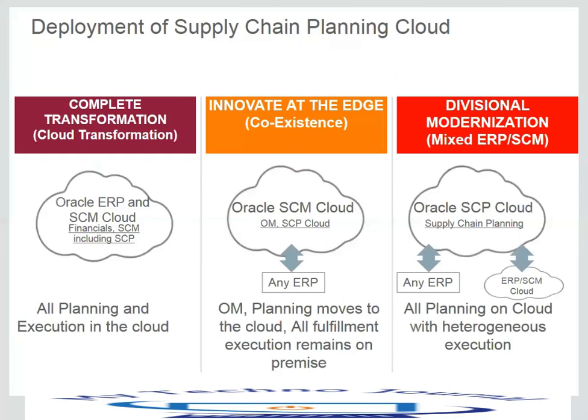All the integration is based on this. Here, only supply chain planning is on the cloud, or everything else is on your heterogeneous execution. You can put a little bit on ERP, or a little bit of SCM on the cloud, and the other things are all on your heterogeneous execution.